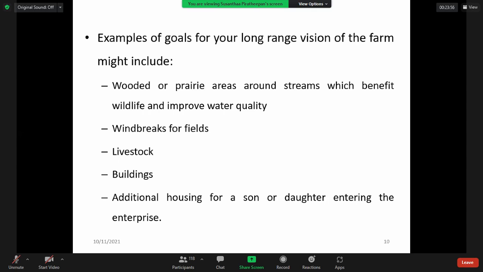And fifth one, additional housing for your son, meaning a son or daughter entering the enterprise. So these are some examples for your long range vision of the farm. You can think about any other additions to your farm, like livestock or buildings, windbreaks for the fields, additional housing, and you can protect the environment and wildlife and improve the water quality.